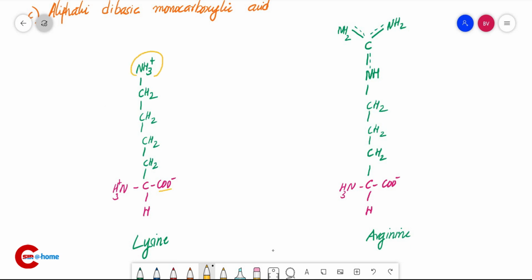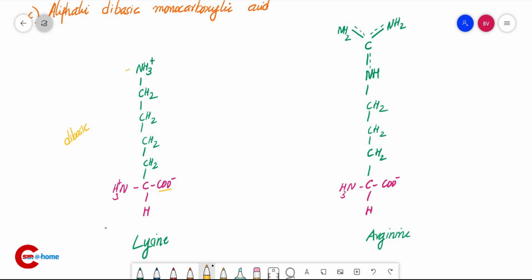Here an NH3 group. Here a NH3 group. Here also NH3 group. That means dibasic. Arginine and lysine both are examples of aliphatic dibasic monocarboxylic acid.